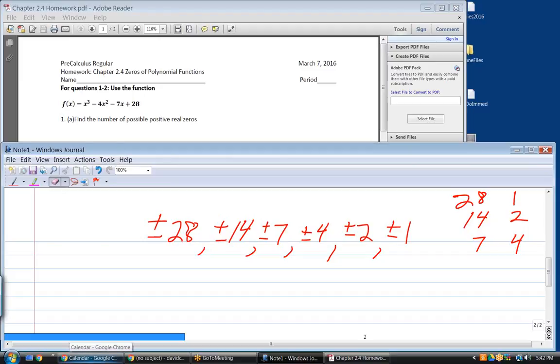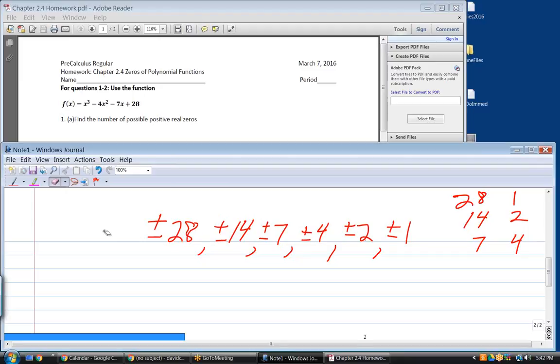Now, here's the hard part, and this is the reason this is such a difficult technique. If this is the only technique I have for solving this, then I have to, by trial and error, go through each one of these. And I can do it using synthetic substitution or synthetic division.